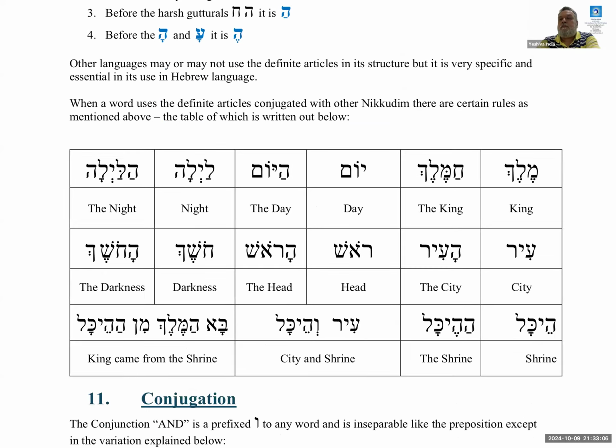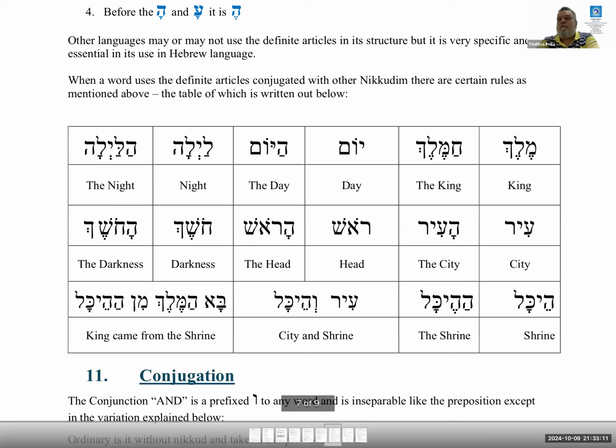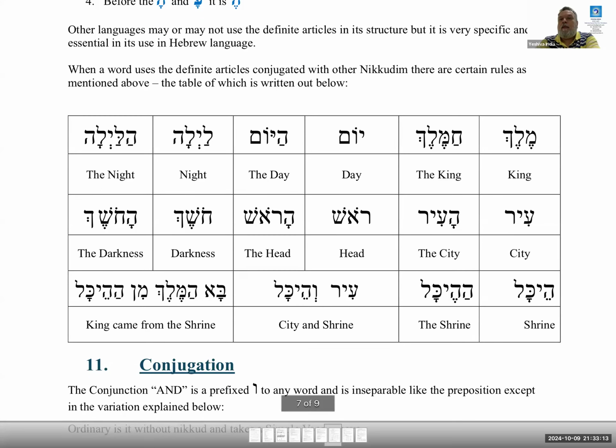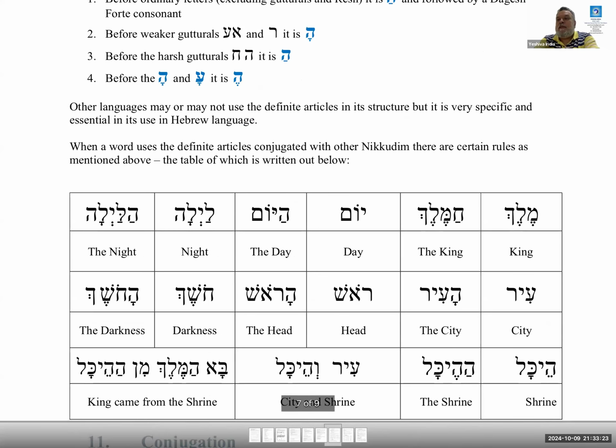So look at this. Melech, ham melech. Yom, hayyom. Laila, hallaila. Ir, ha-ir. Rosh, ha-rosh.